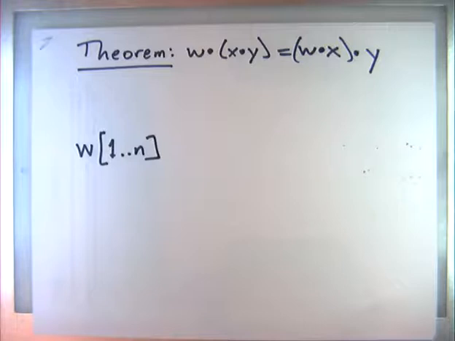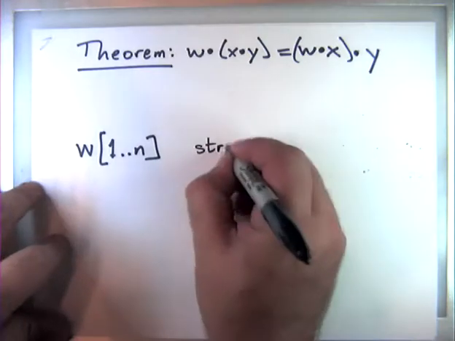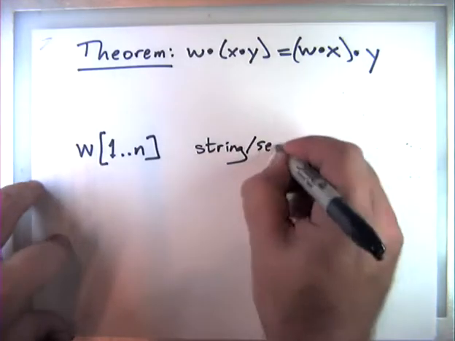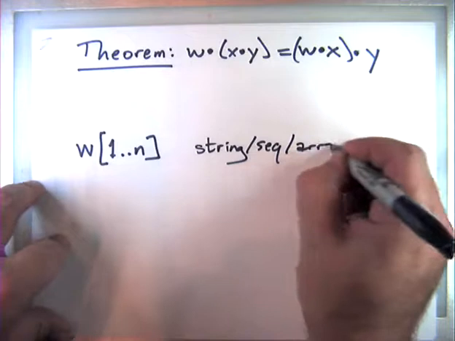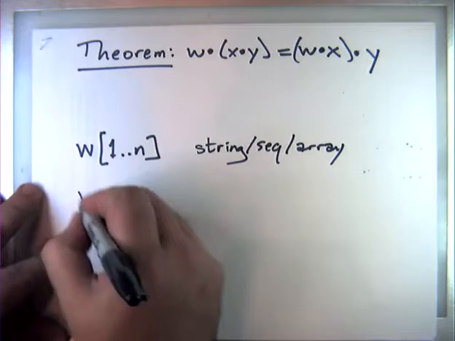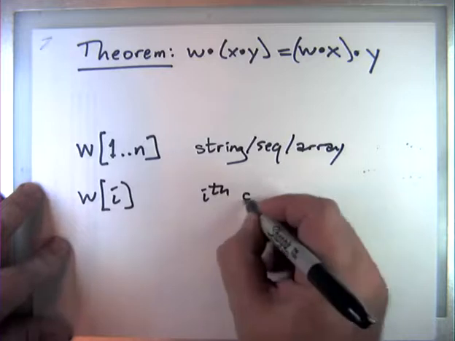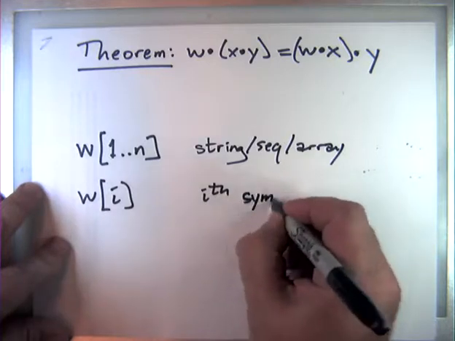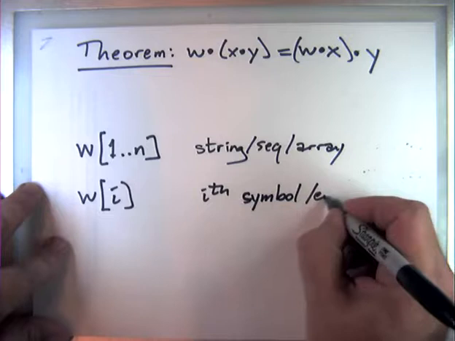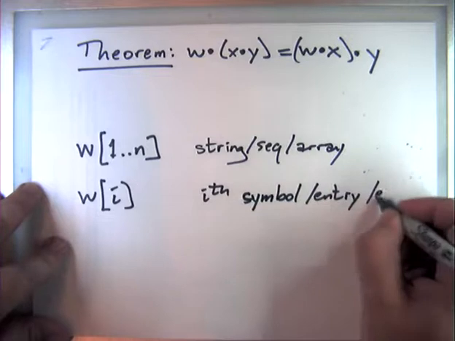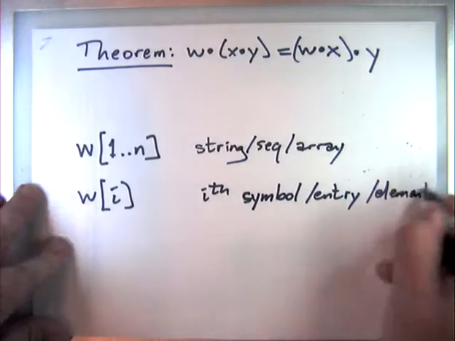I have an array W, and it has characters from 1 to n. So this is a string or a sequence or an array, and I'll write W of I to mean the ith symbol or entry or element of this sequence.